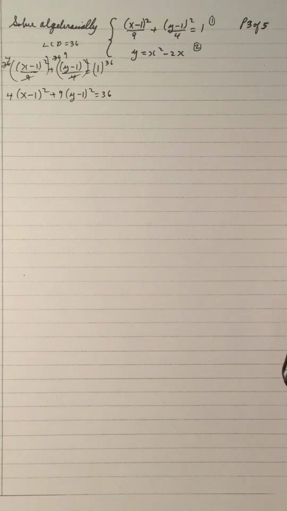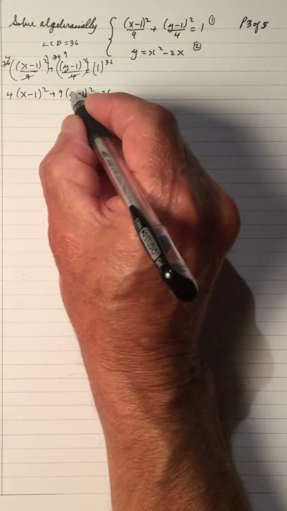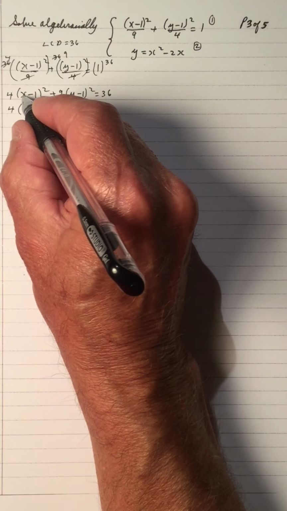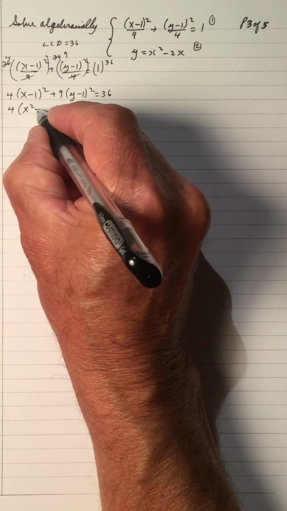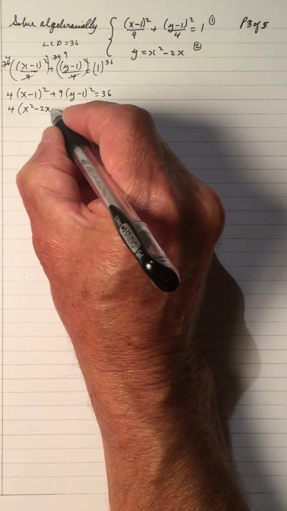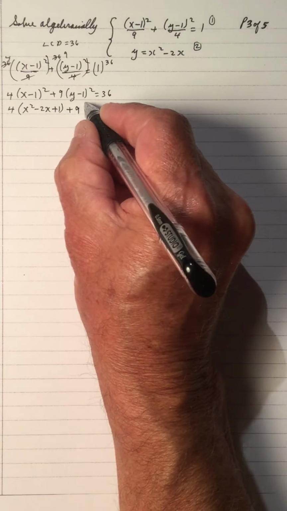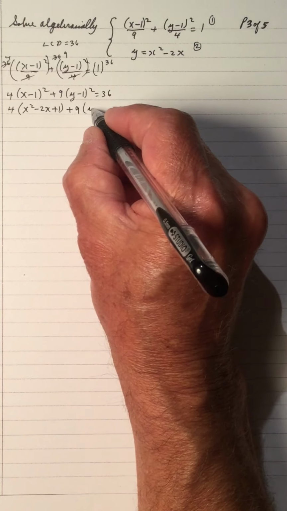Now we have to do PEMDAS, so we have to do the square first before we multiply. So we square the binomial: x squared, the product is -1x doubled is -2x, -1 squared is 1, plus 9, and we square this binomial, so y times y is y squared.